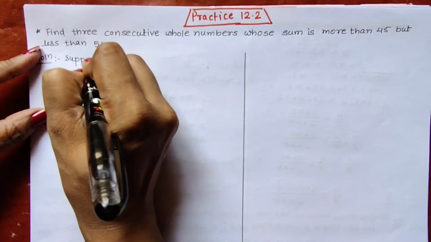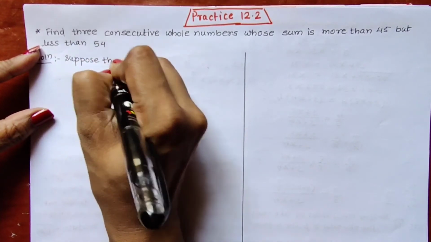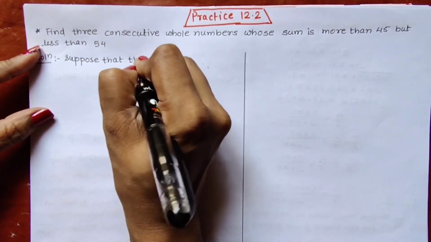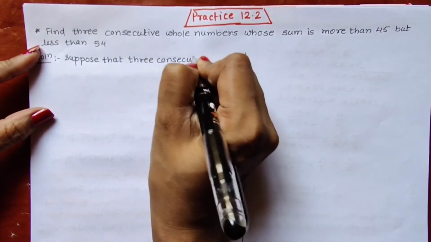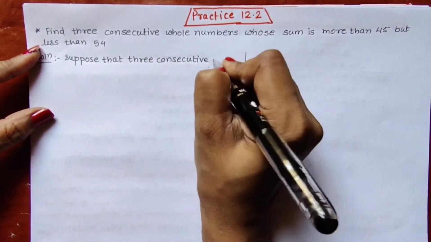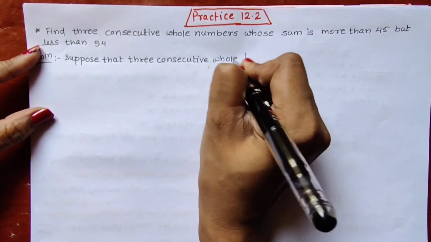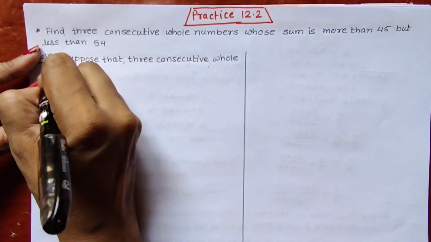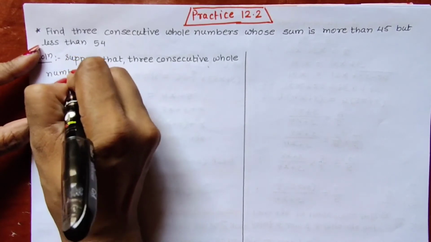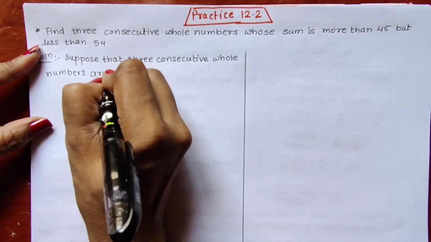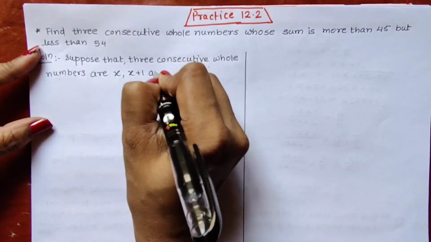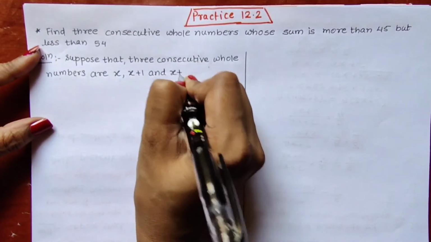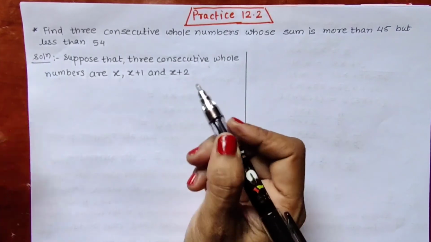Suppose that three consecutive whole numbers are x, x plus 1 and x plus 2. In this way 3 consecutive whole numbers we have taken.